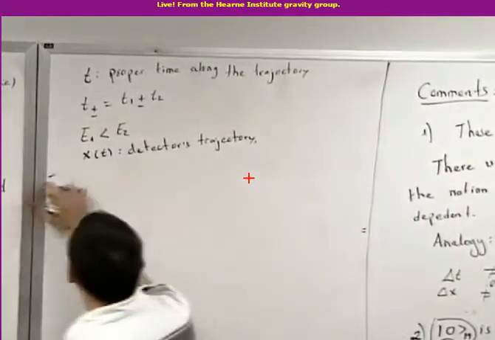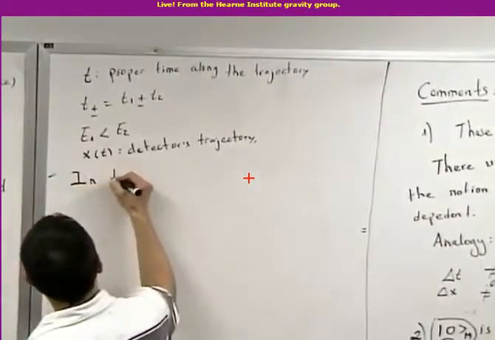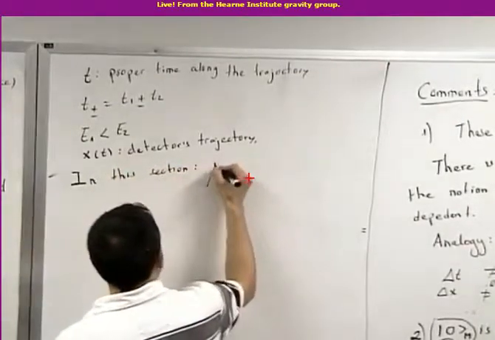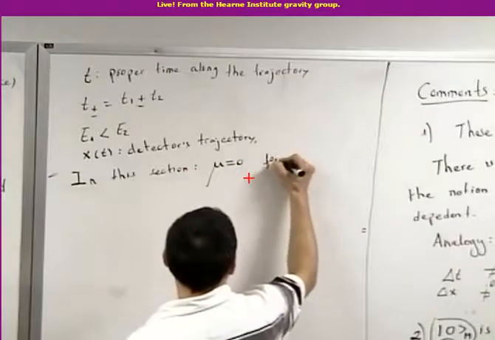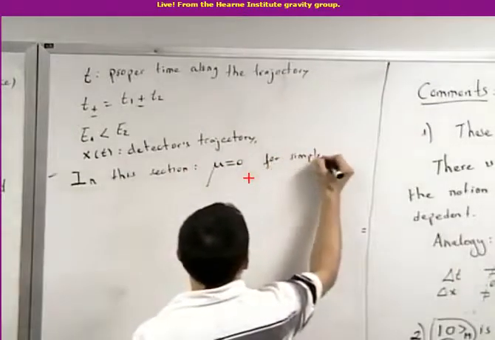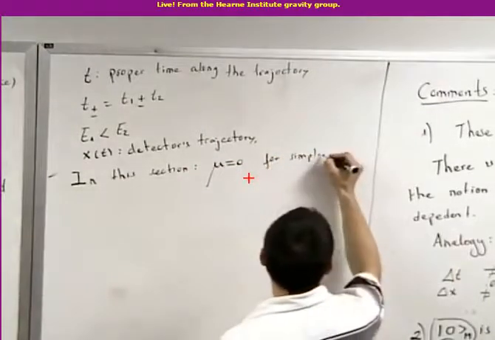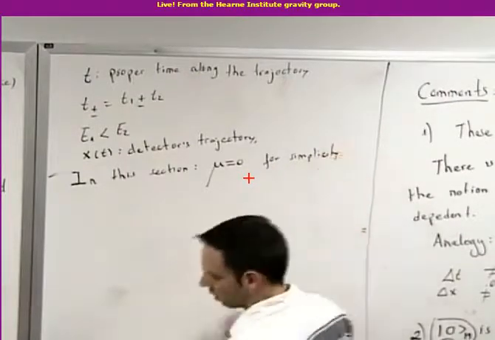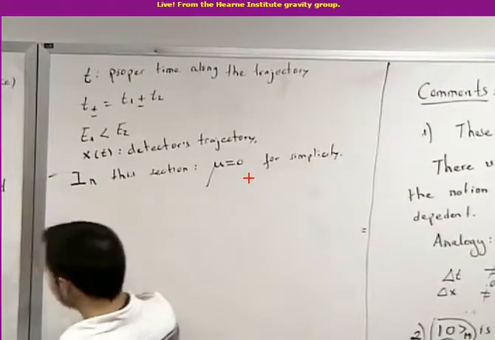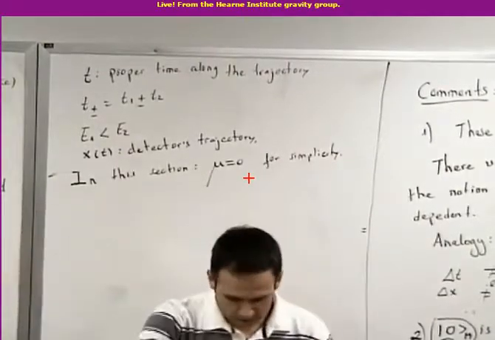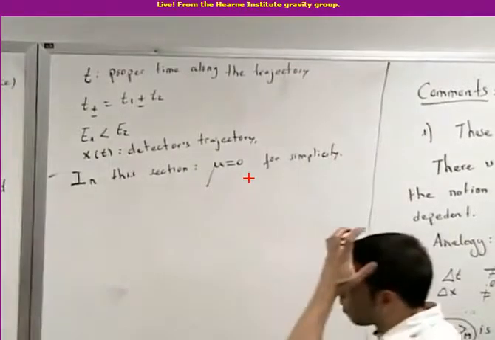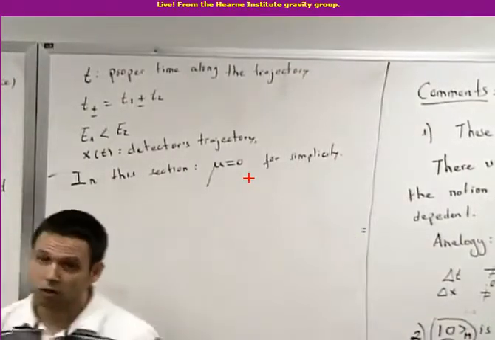So also in this section, I will put the mass of the field equal to 0 for simplicity, just because otherwise it gets too long, because expressions are not so clean. But the results hold exactly the same for the massive case. The only thing is that I am lazy, so what I want to do is to use this general expression for our case.